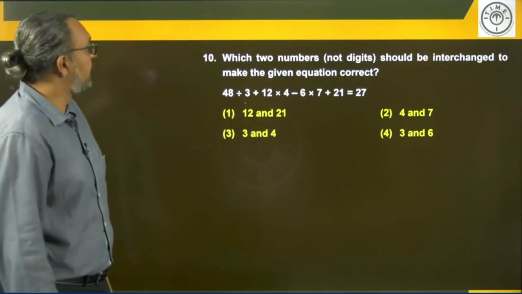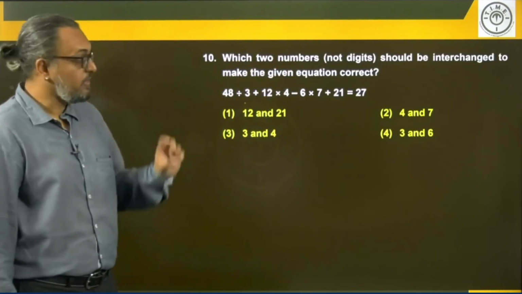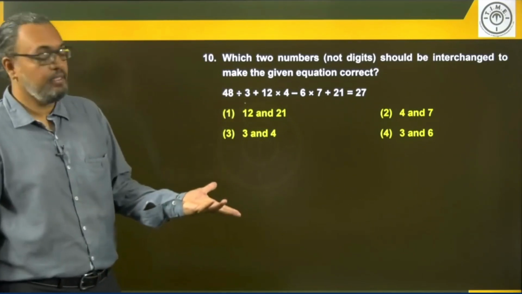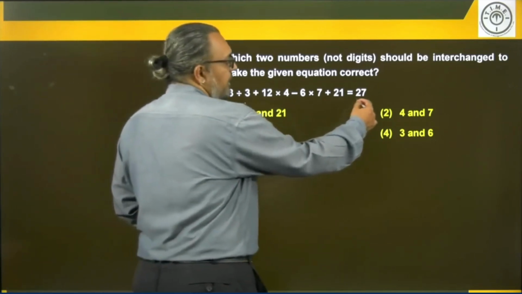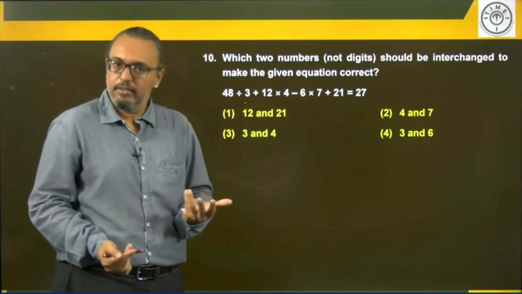Then next one, which two numbers, again not digits, numbers should be interchanged to make the given equation correct. On the right hand side you have 27. Which two numbers based on the options if I interchange, I will get the right hand side number.